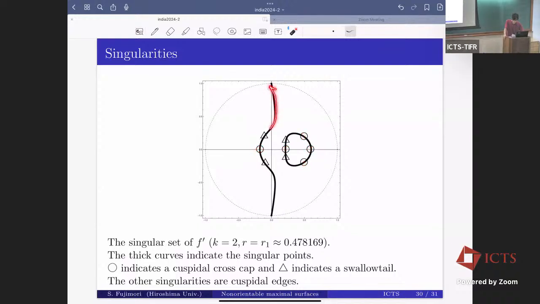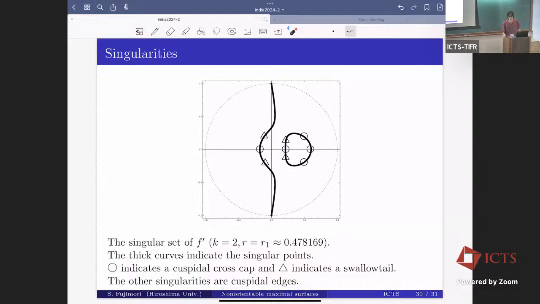And the other singularity is cuspidal edge. In the case k equal 2, we have 3 copies of them. So in the entire surface, we have 12 swallowtails, 4 times 3, and 15 cuspidal cross caps in total.